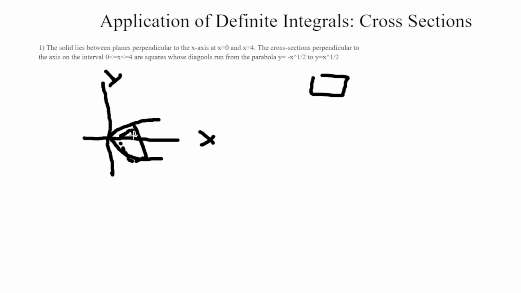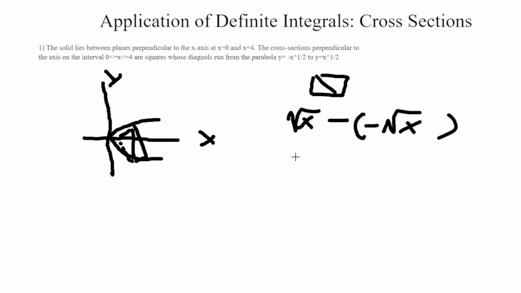And then their diagonals run from the parabola to the other parabola, or rather from the first function to the other function. So we know the value of this distance. It's going to be root x minus negative root x, because you're going from the top here to the bottom, and those are its diagonals.